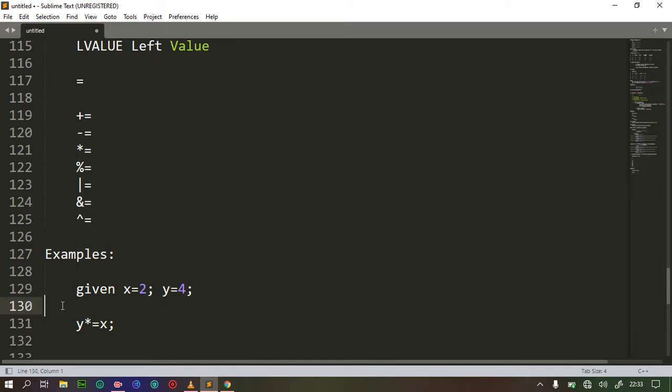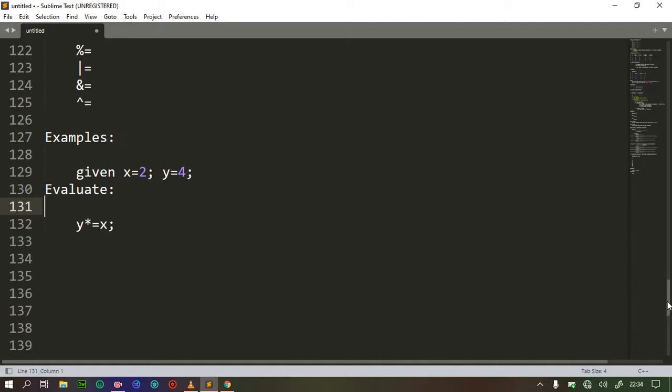Actually, let's make it very clear. I can say evaluate y multiplication assignment x. So what does this mean? Its complete form is, of course, y is 4, so we are saying 4 times 2. That is what it literally means.